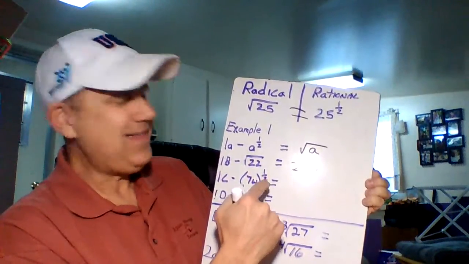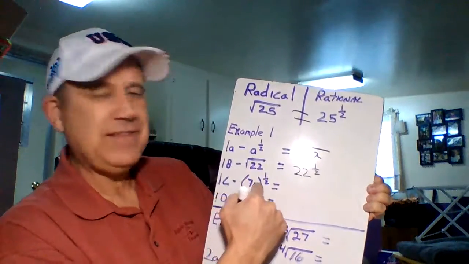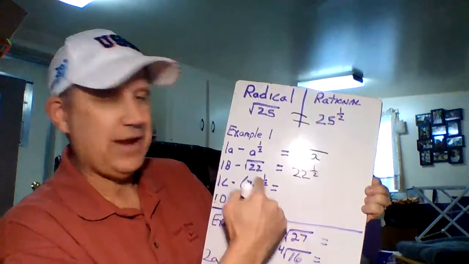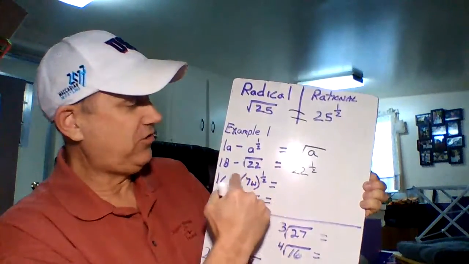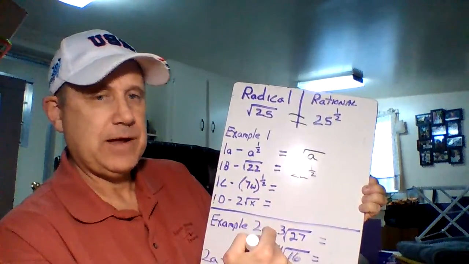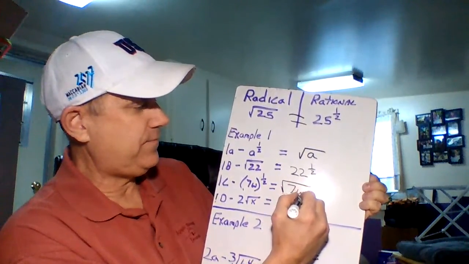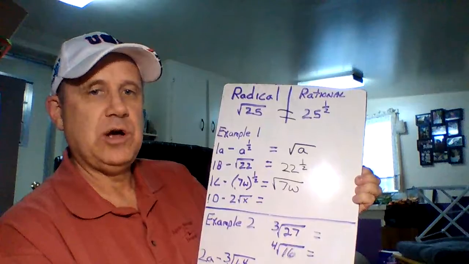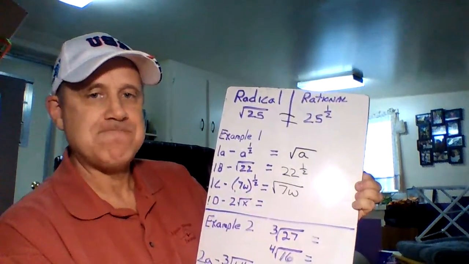We're going to apply this 1/2 to everything that it's right next to. Because it's in parentheses, we apply this 1/2 to this whole value here. So that would look like the square root of 7w, because 1/2 is going to apply to this whole thing.